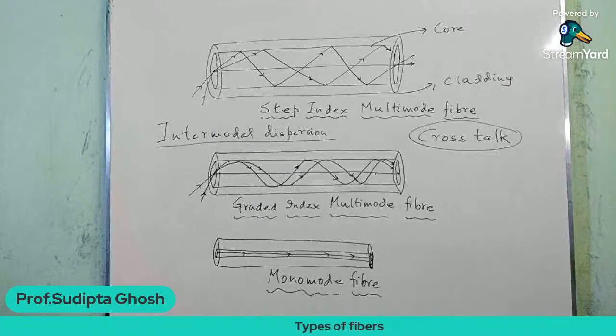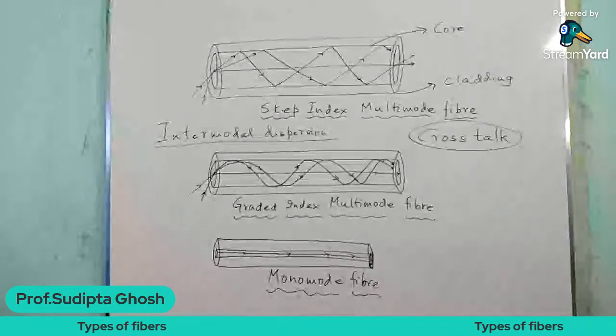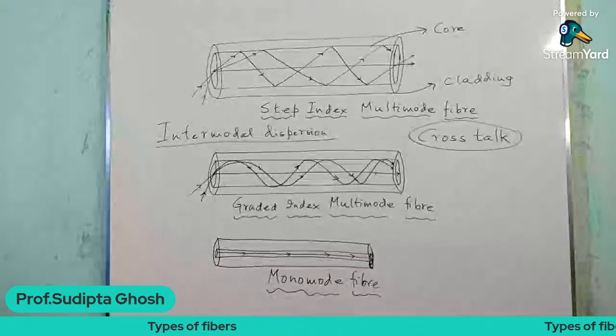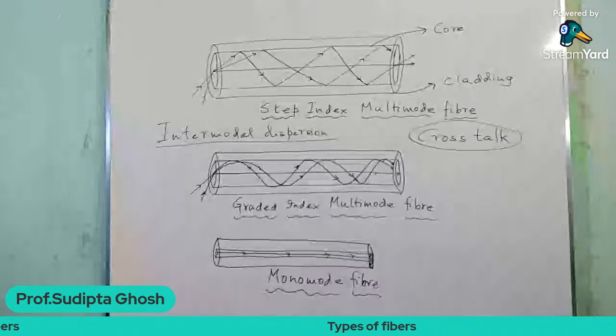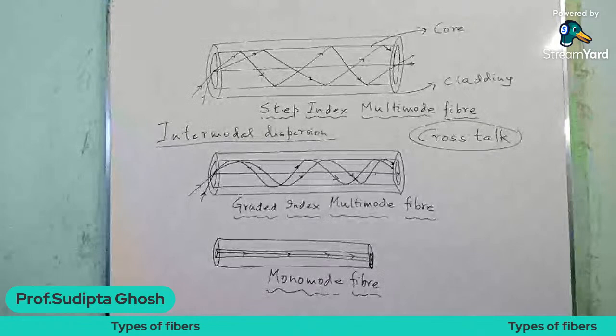So earlier, whenever uncladded fibers were used, there was a chance of crosstalk, and that part is now eliminated, because nowadays we always use cladded optical fiber.